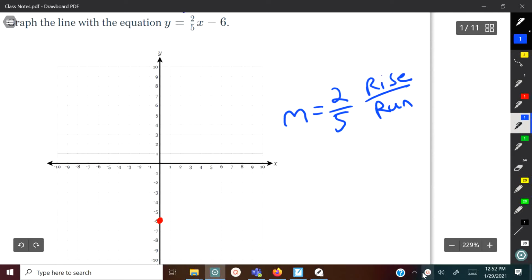Okay, so you're going to rise, or go down if it's negative, and run to the right, or go left if the 5 is negative. And that's how you're going to make your graph. So we make our second point here by rising 2 from the first point, 1, 2, and then running 5, 1, 2, 3, 4, 5, to that point there.